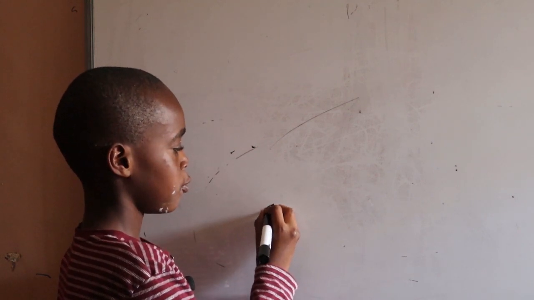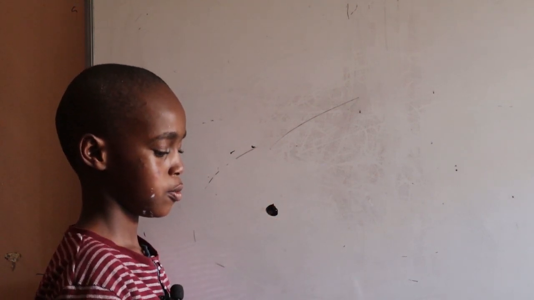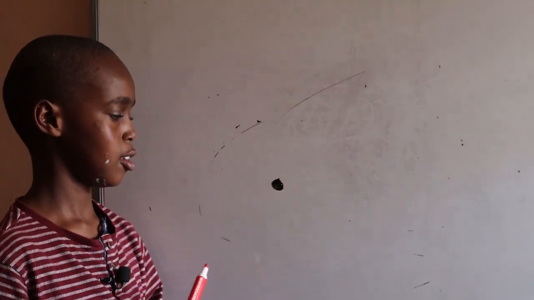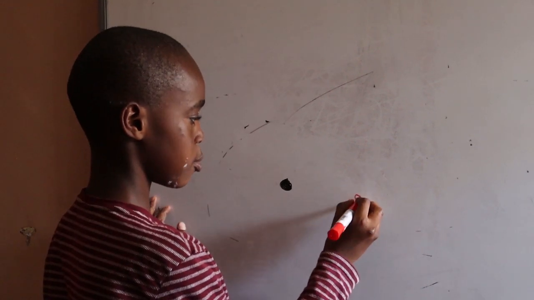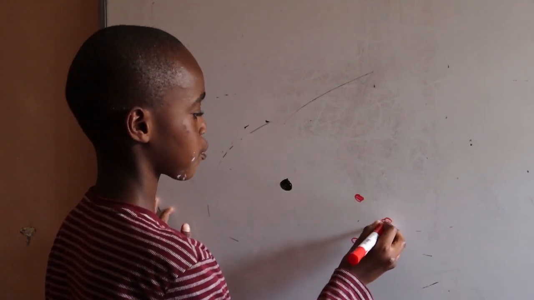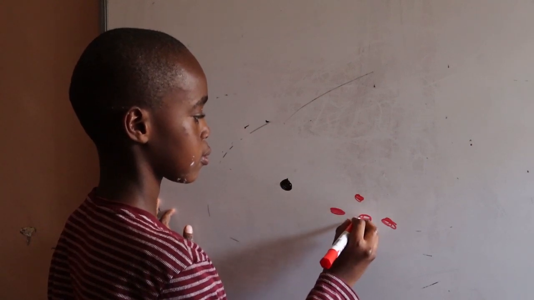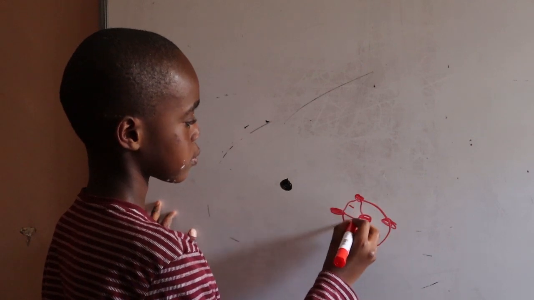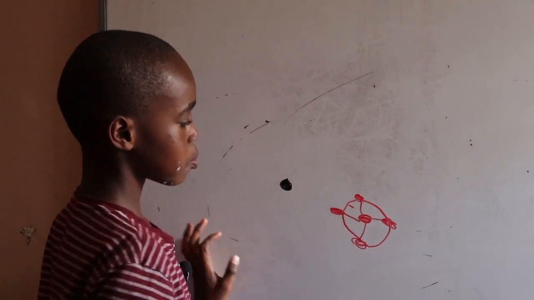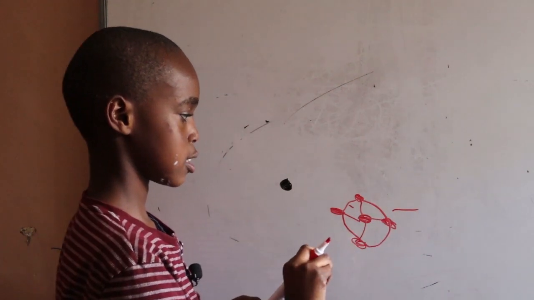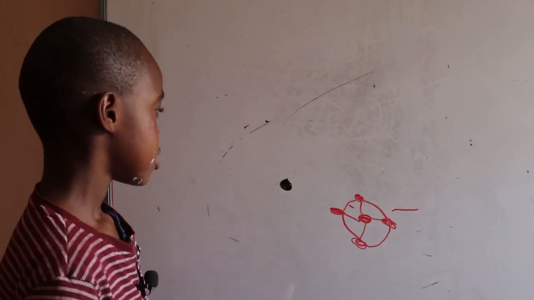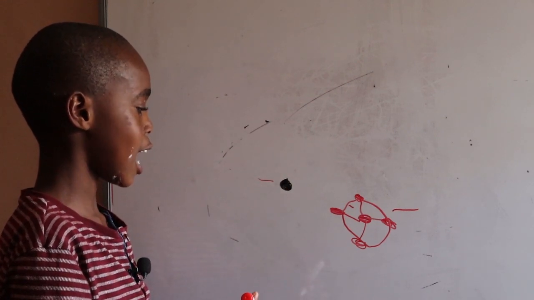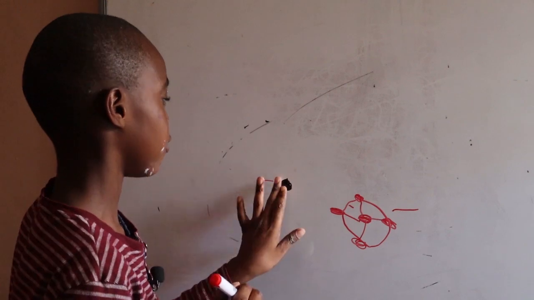For example, we have a dark energy molecule. In comparison to this molecule, this molecule has negative energy. As it gets closer, it becomes more negative, and the dark energy becomes negative itself.